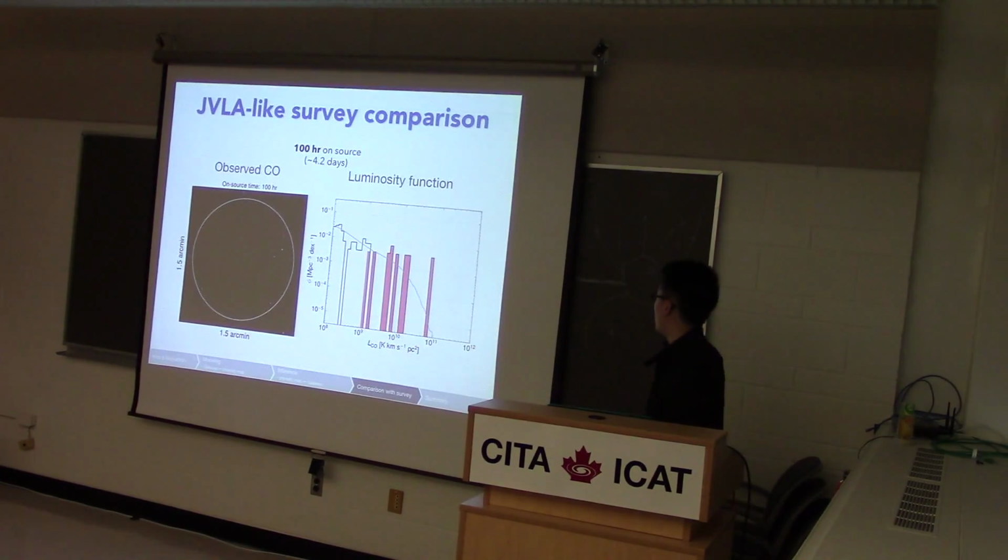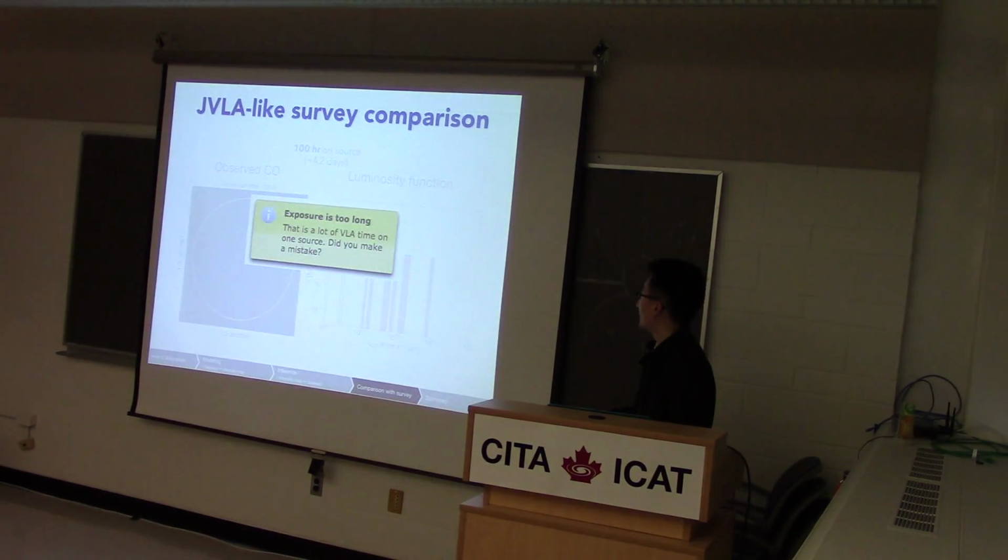And so you get to around 10 to the 9 on this distribution. But unfortunately, if you put on 100 hours on source, they actually ask you if you know what you're doing. They basically check to make sure that you didn't make a mistake. So 100 hours is a very long time to request on VLA.